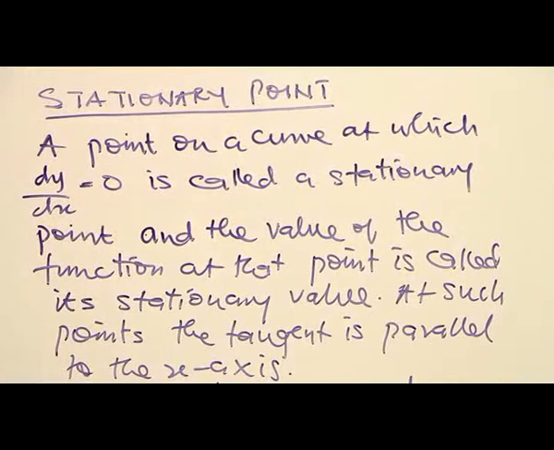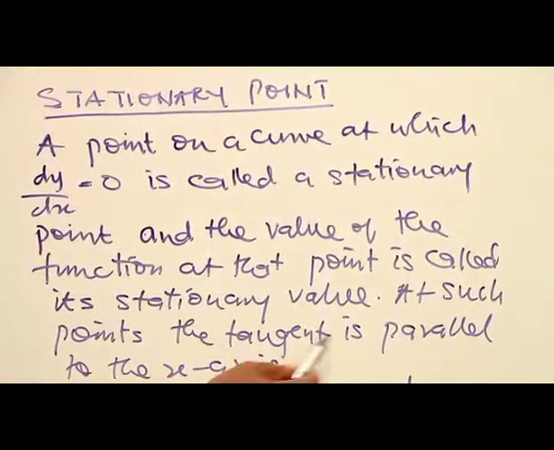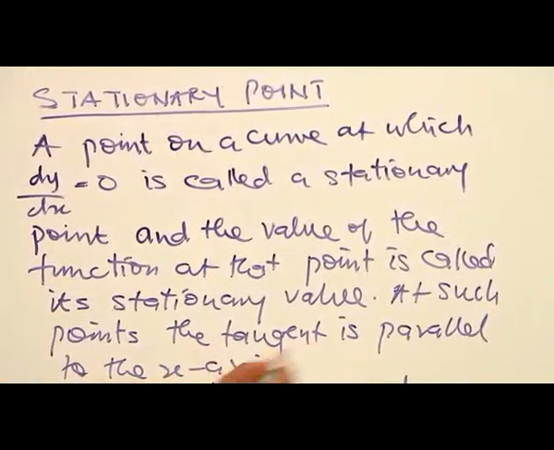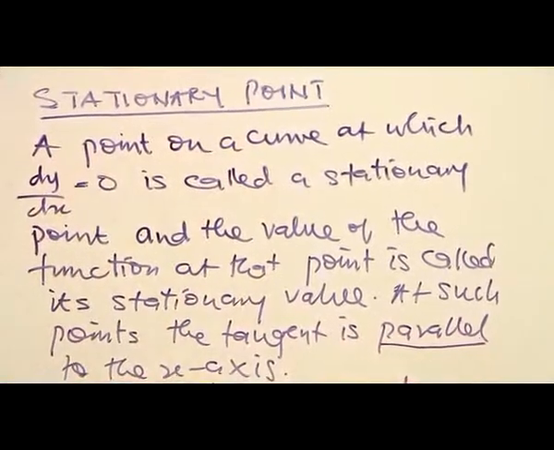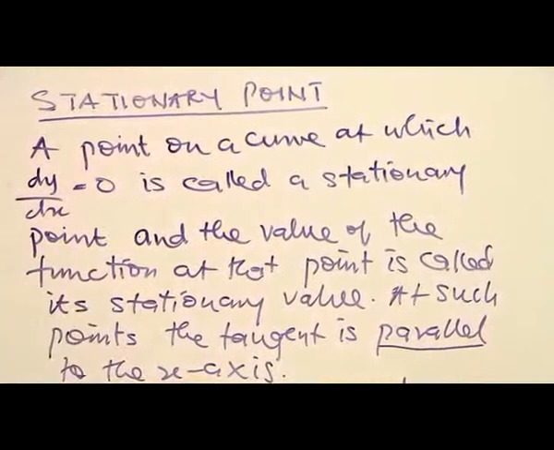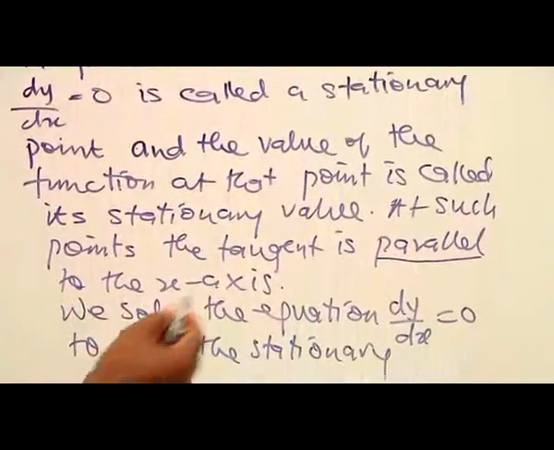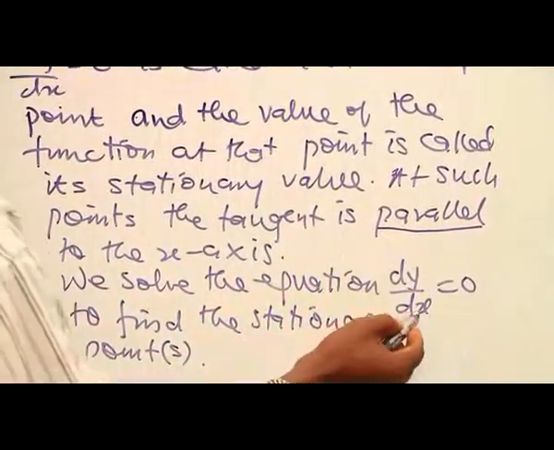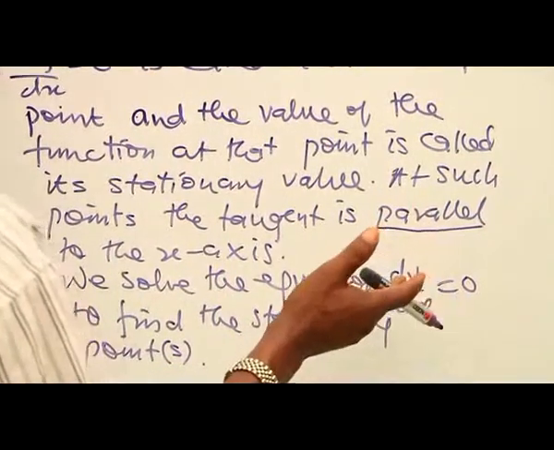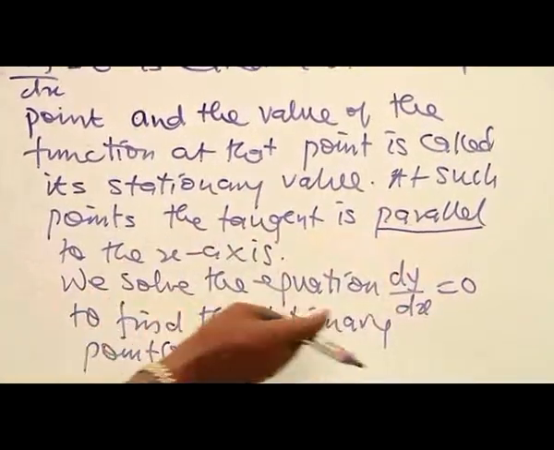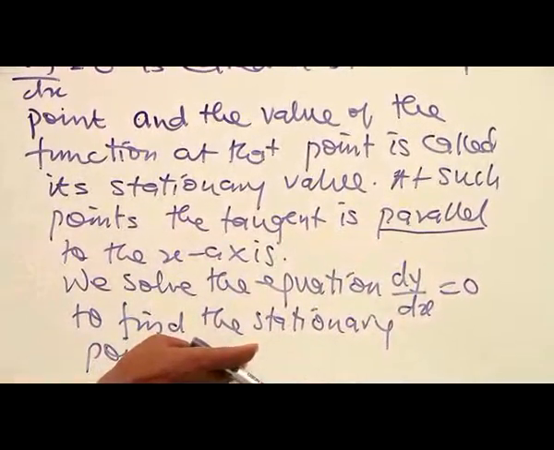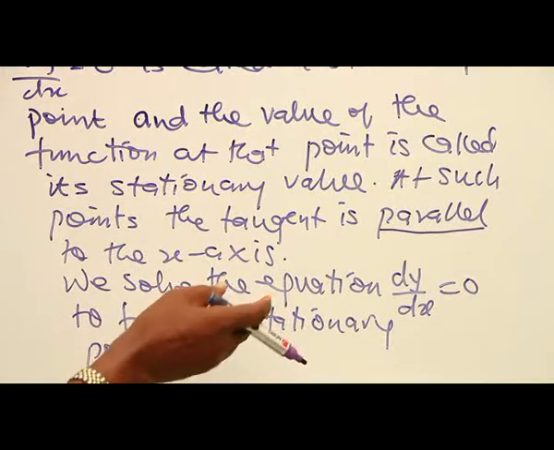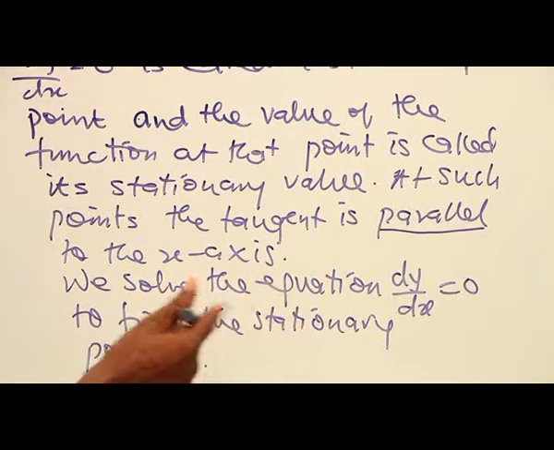At such points, the tangent is parallel to the s-axis. We have explained that before. So we solve the equation dy all over ds equal to 0 to find the stationary points, from where we substitute the stationary point in the given function to get the stationary value.